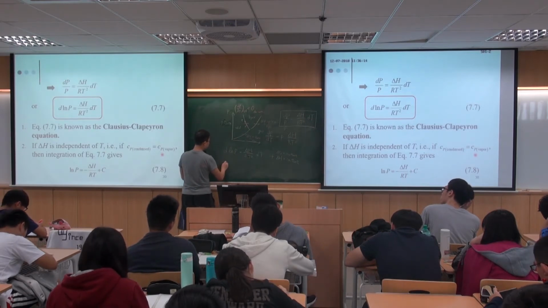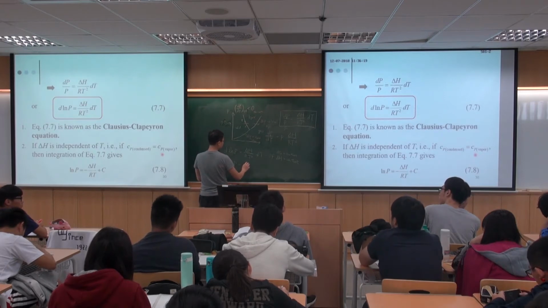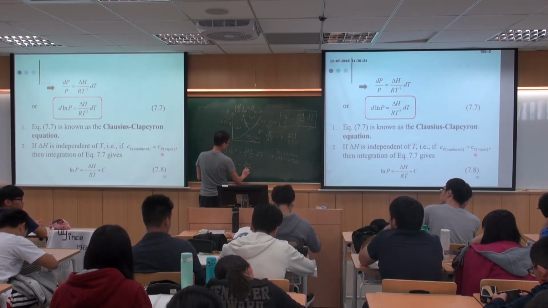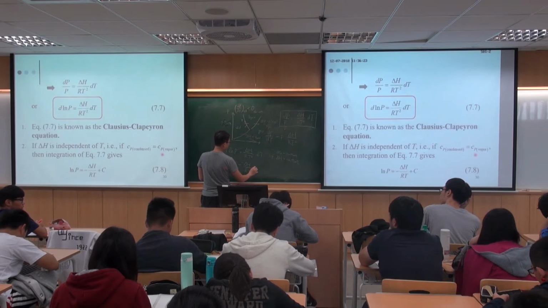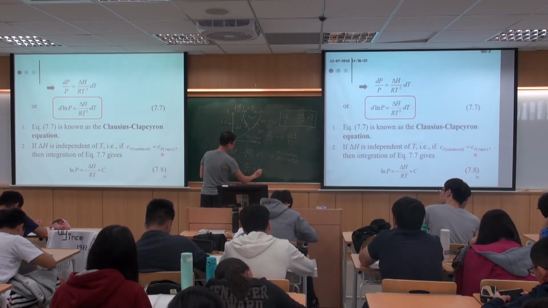Then log P will be just minus delta H over RT, and you have a constant, right? You have a constant.